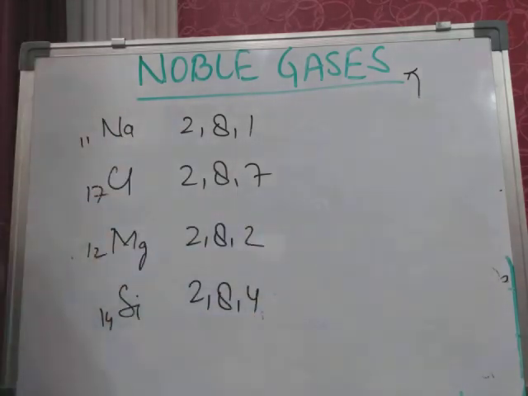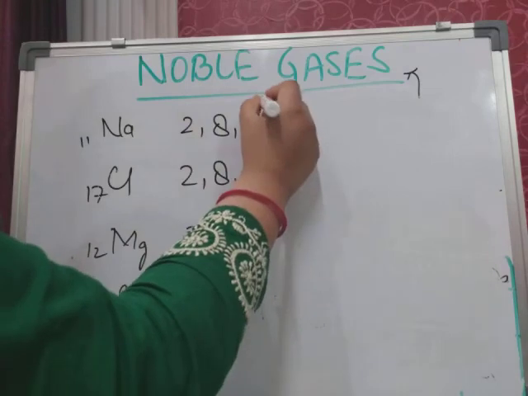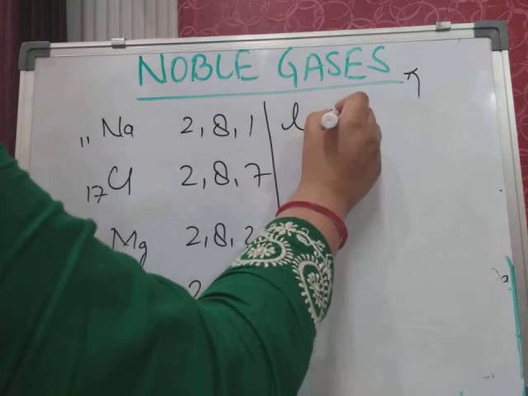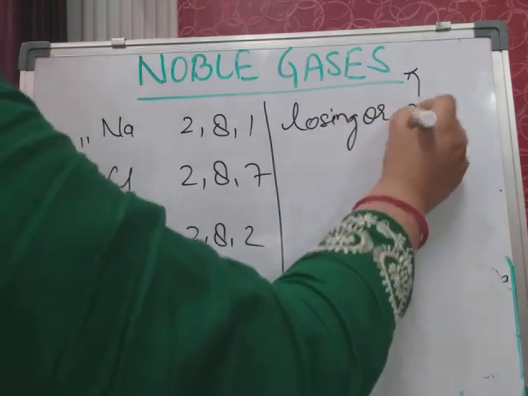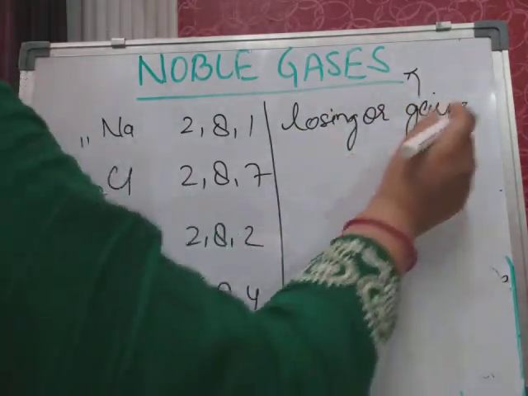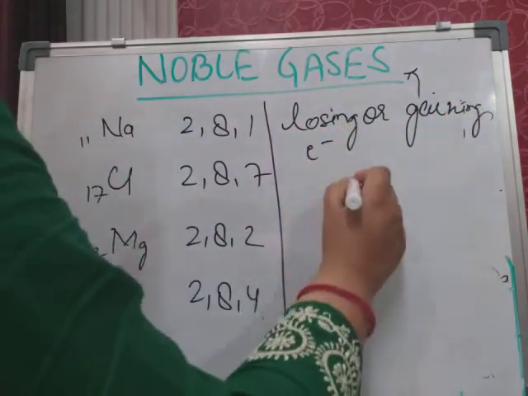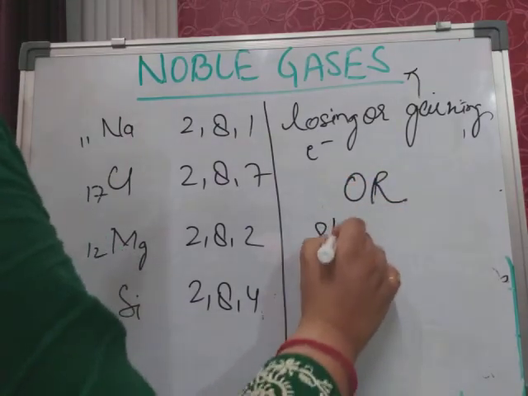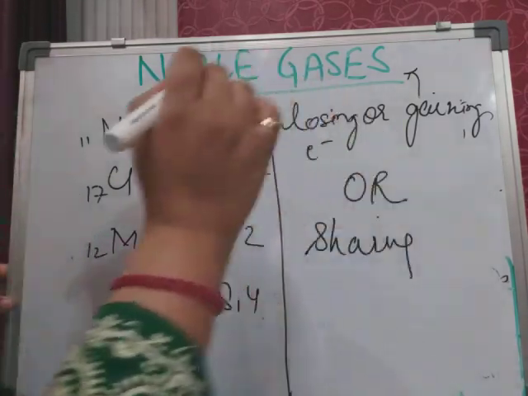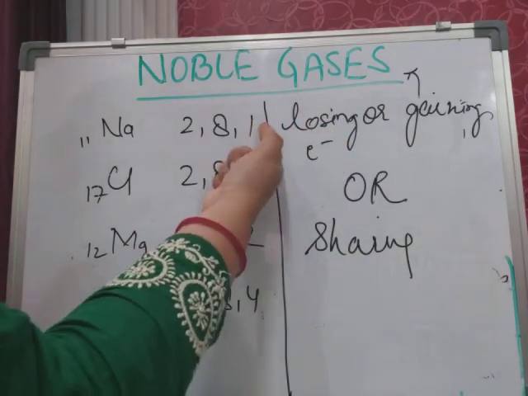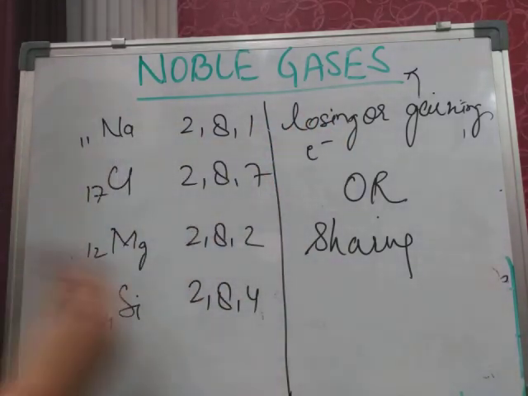If they want to complete their octet, they can do it in two ways: either by losing or gaining electrons, or by sharing electrons. These are the two processes by which atoms can attain stability. One will lose an electron and the other will gain, or they will share electrons between themselves.